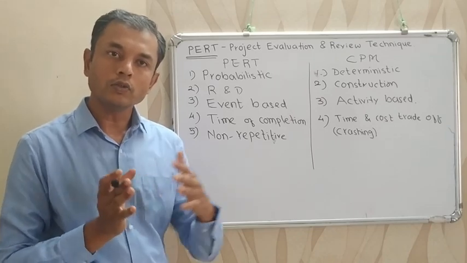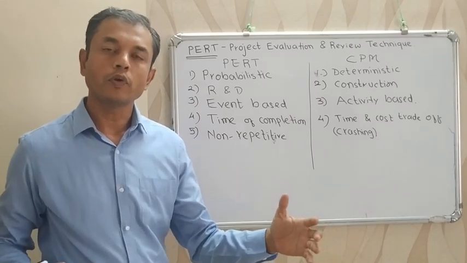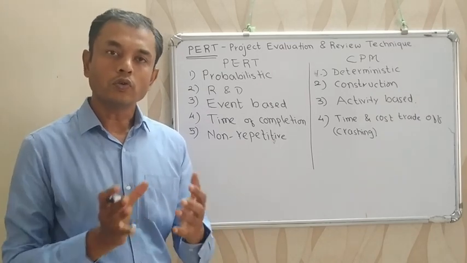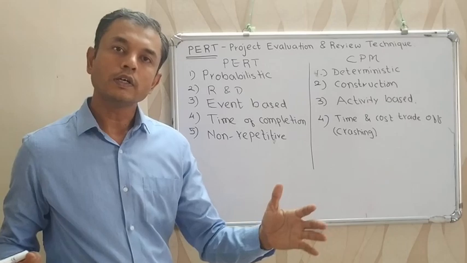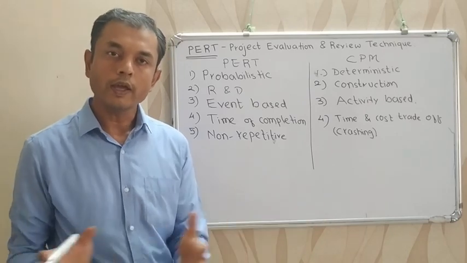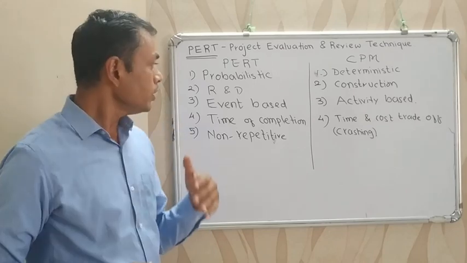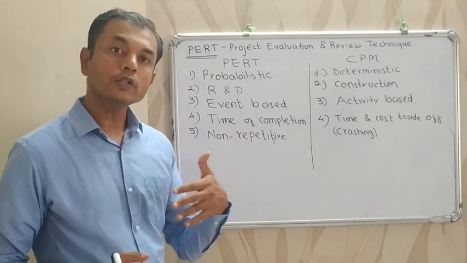It is not fixed how much time it takes. For example, clinical trials across the world may extend, or if things are in favor, may complete in lesser time. So it is probabilistic and non-repetitive.